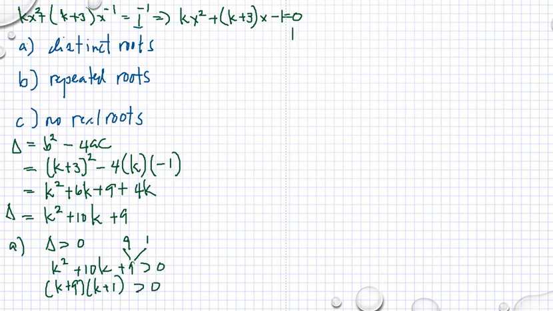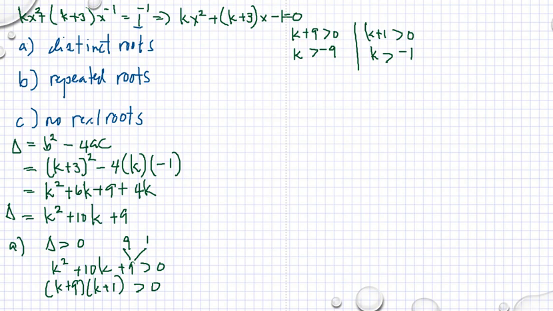Then we have k plus 9 is greater than 0, and the other is k plus 1 is greater than 0. So we will see that k is greater than negative 9 and k is greater than negative 1.